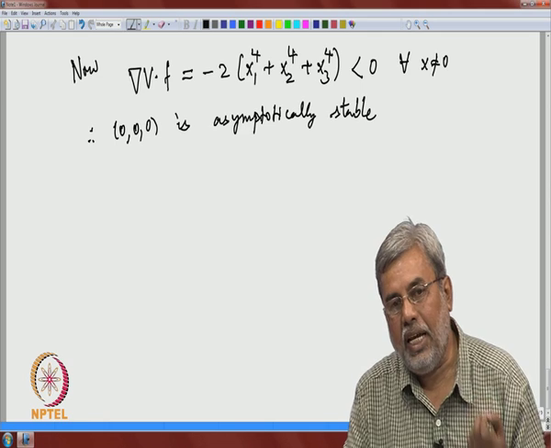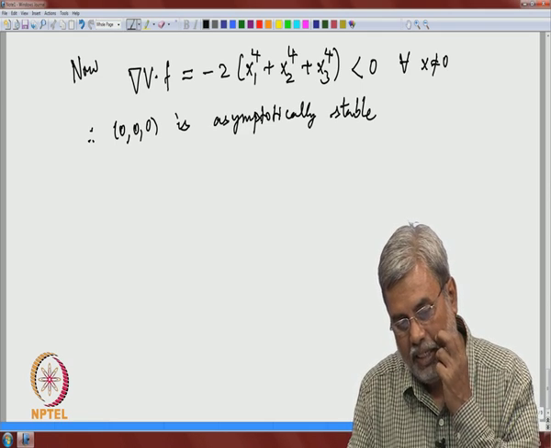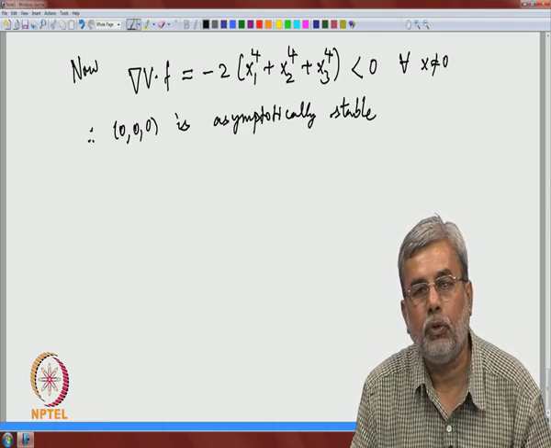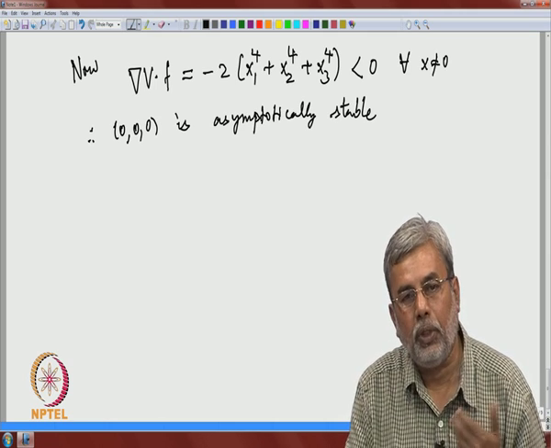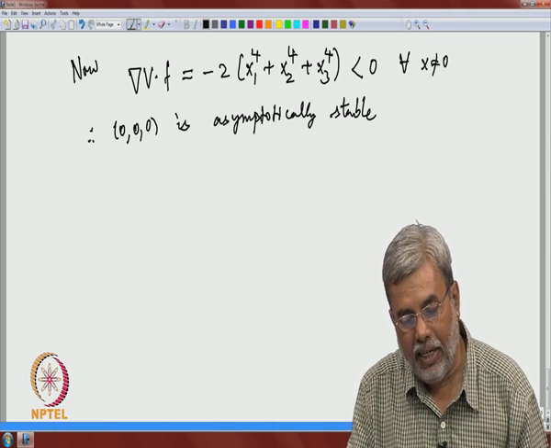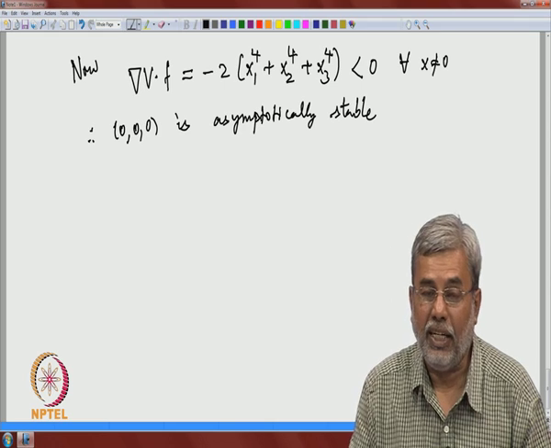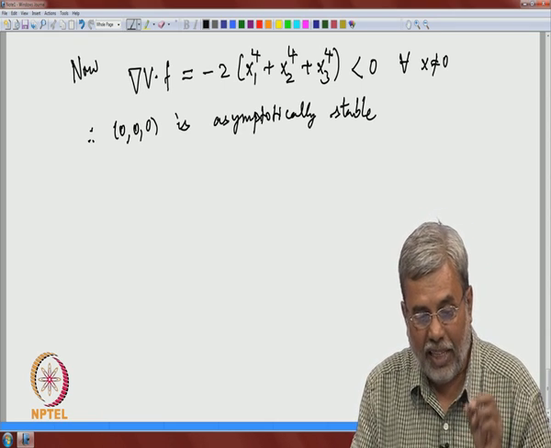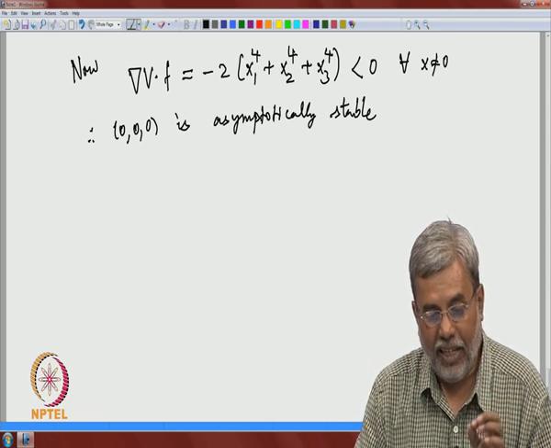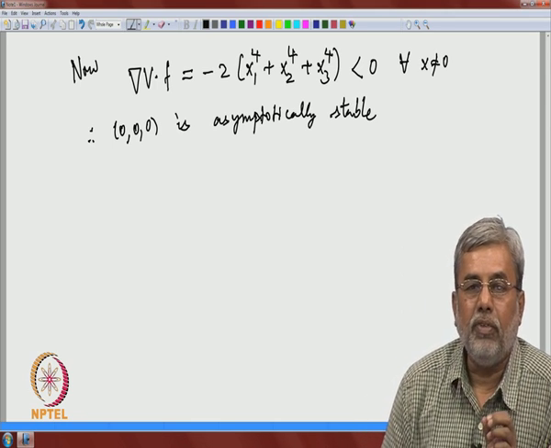So, again if you change the sign of that perturbation, instead of minus x 1 cube, minus x 2 cube, minus x 3 cube, if you put plus, you see that (0, 0, 0) is unstable. Okay. So, a slight perturbation can change the nature of the equilibrium point.